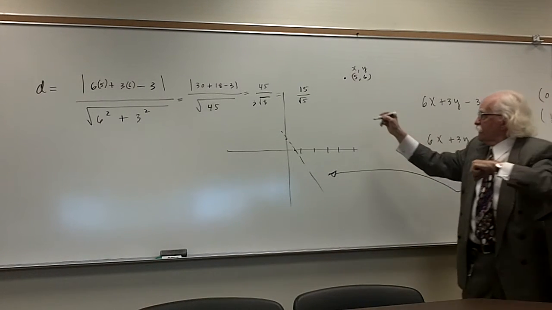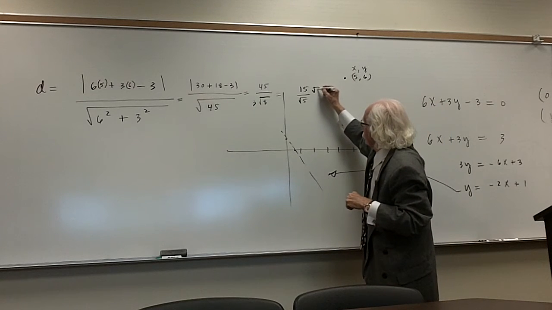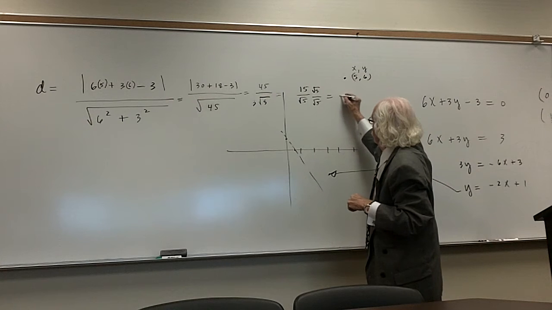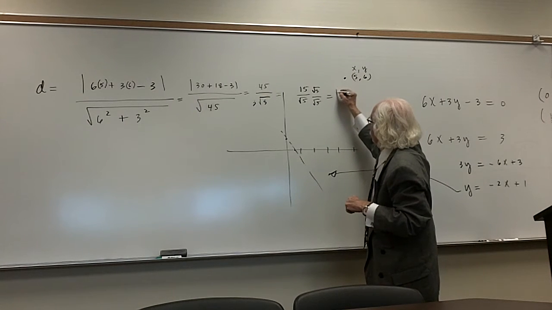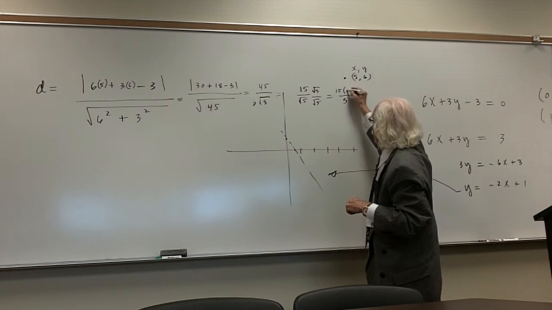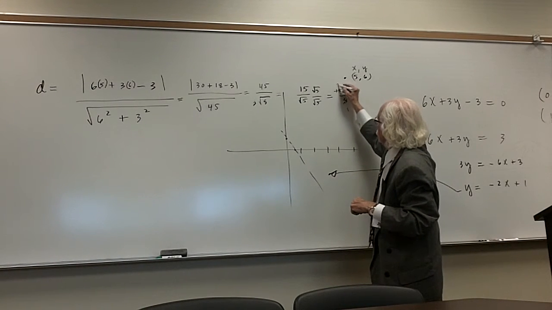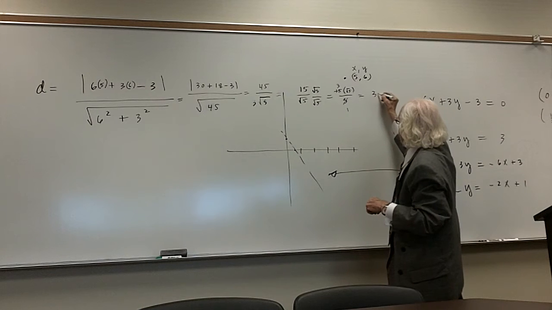So that means multiply the top and the bottom by the square root of 5. So the bottom becomes 5. And look what happens. This cancels. So now we get an answer.